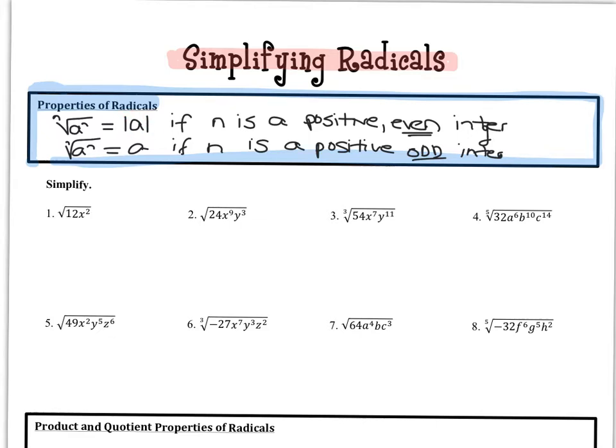So how I remember this is I have this phrase, because you're going to have to now include this absolute value along certain answers. I want you to think even, even, odd. So even means I have an even root. The second even means I have an even degree under the root.